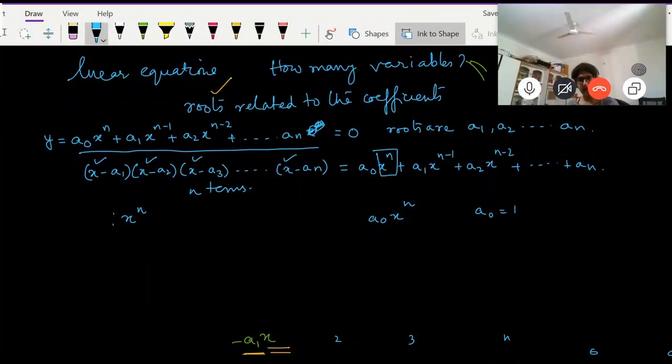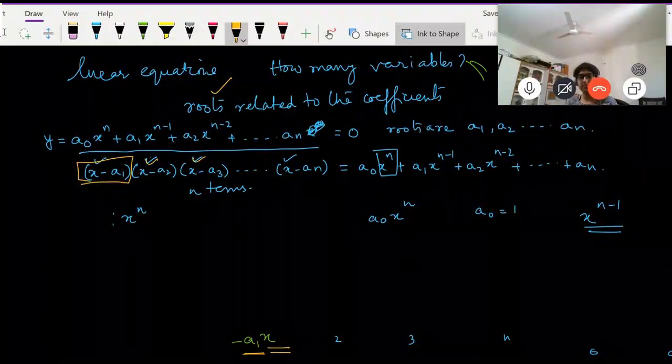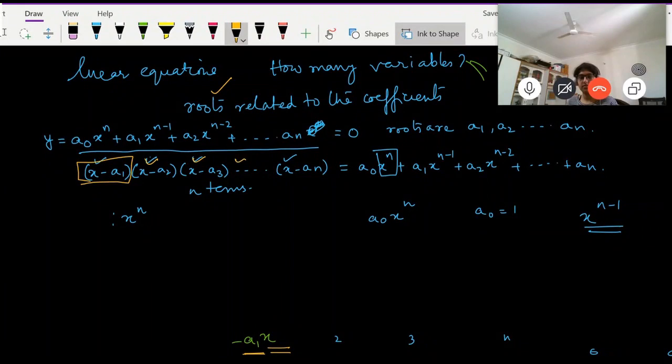Now if I want to get the coefficient of x to the power n minus 1, that means I have to take all the x one by one. So first I will keep this out. I will multiply all the x's of the rest of the terms. So that will give me x to the power n minus 1, right?